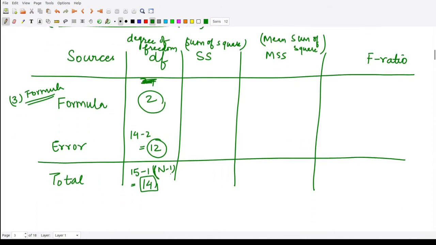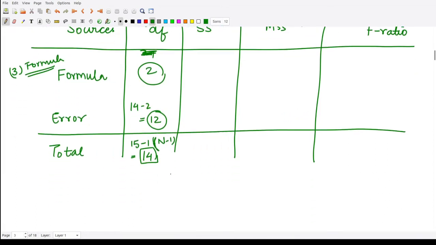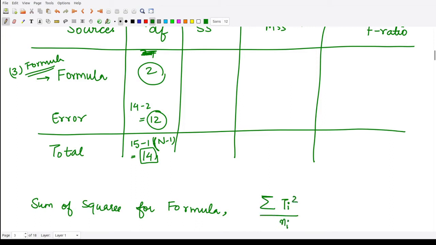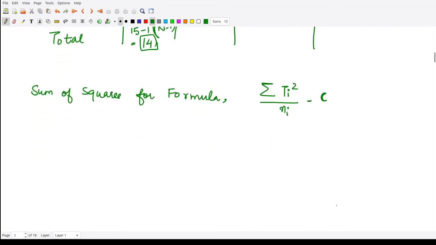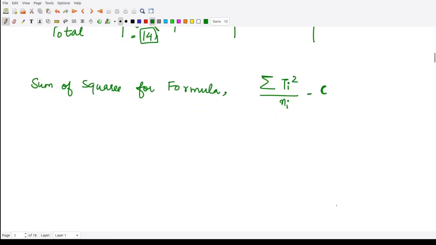So first of all, let us calculate the sum of squares for the formulas. It is calculated using the formula summation Ti square divided by Ni, minus C. Now what are these terms? Ti is the total which we have calculated. Ni, what is that?